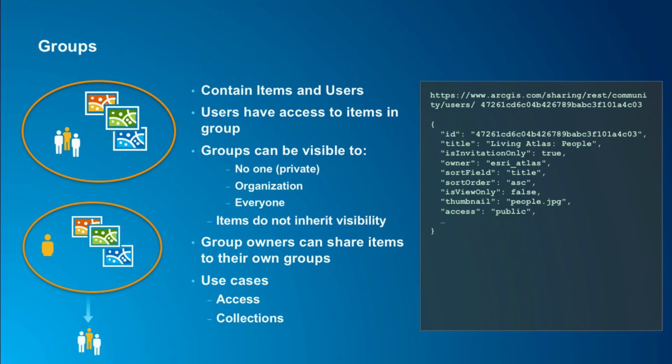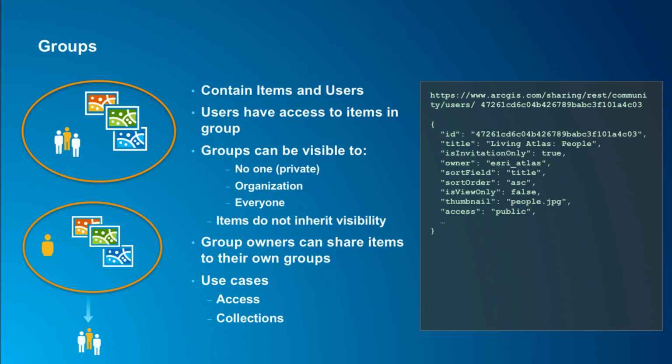The other feature of a group is that the group owner can actually share or bring in items that they can see into their own group. And that gives them the ability to create these curated groups of information, sort of like our Living Atlas or our gallery on ArcGIS Online.